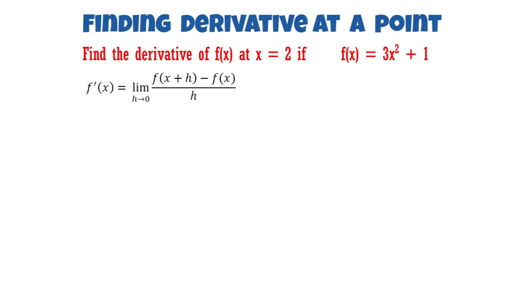So I'm going to look specifically at a spot at x equals 2. Now, I'm really going to ignore that until the very end. I'm going to still do my formula the same way we've been doing, but it's a more difficult function. I'm going to do a 3x squared plus 1.